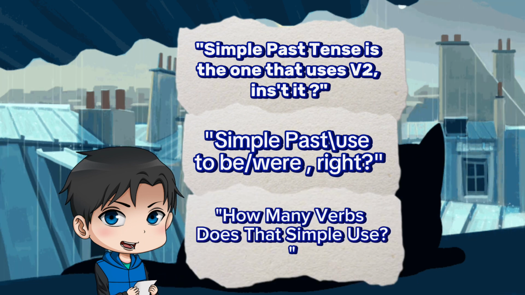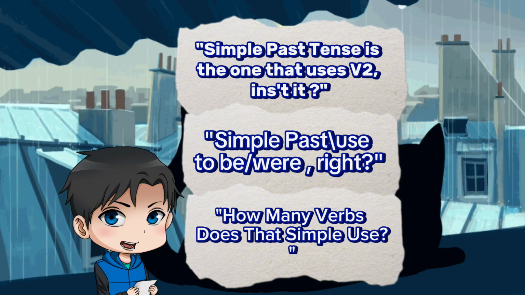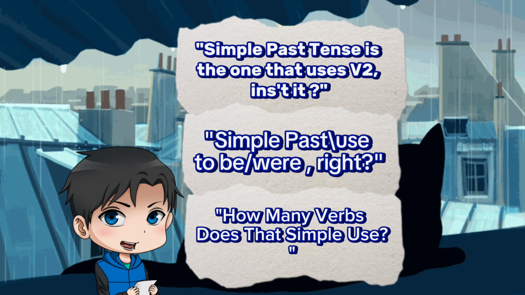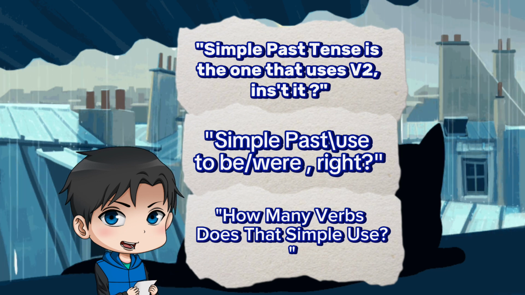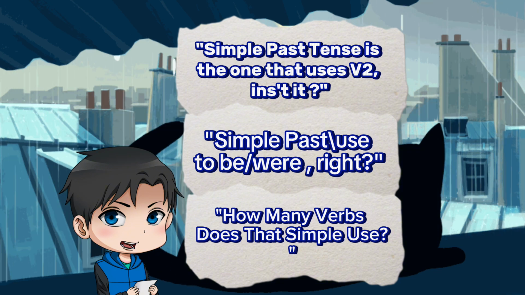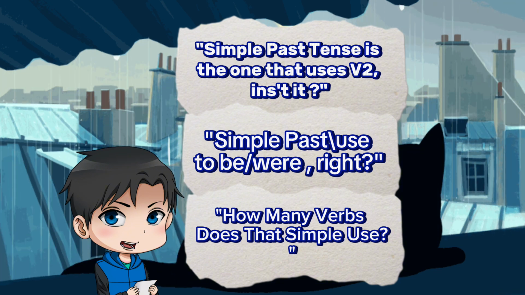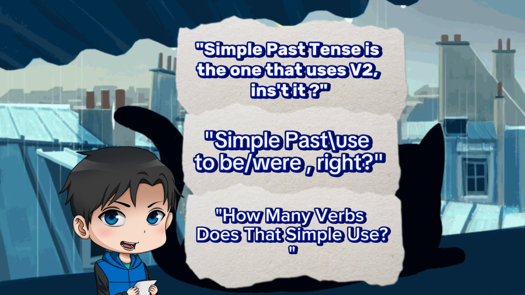So, I wonder why you get confused when you are asked about tenses, especially simple past tense. It could be because we rarely do practice questions and apply the use of these tenses. So, let's learn together.